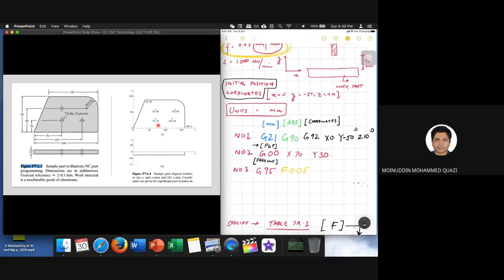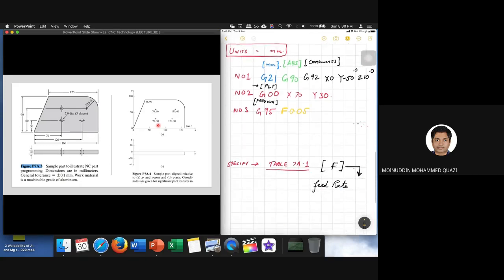So go once again to table 7A.1 and see how to specify spindle speed. The word for specifying the spindle speed is S, and spindle speed is given in revolution per minute.